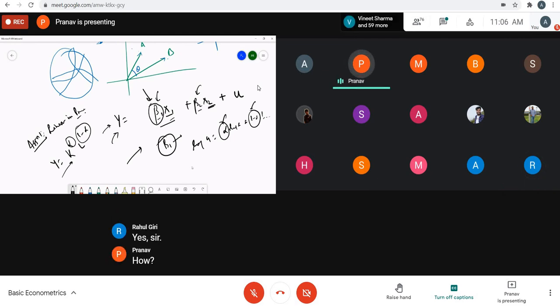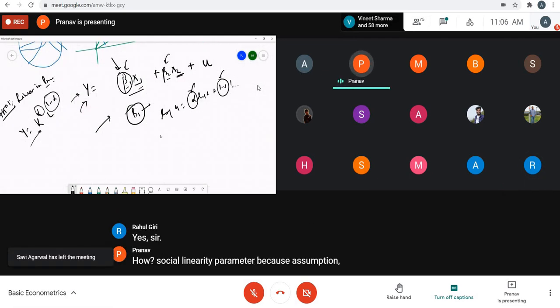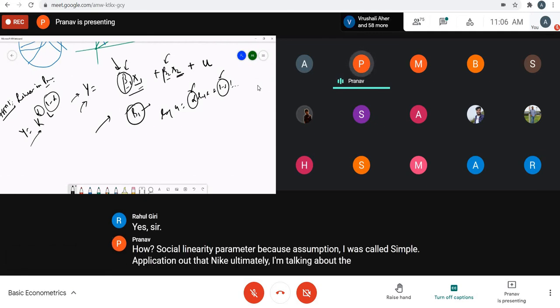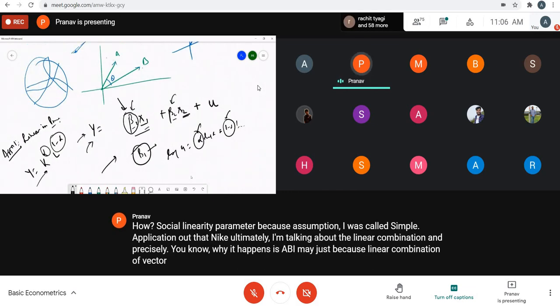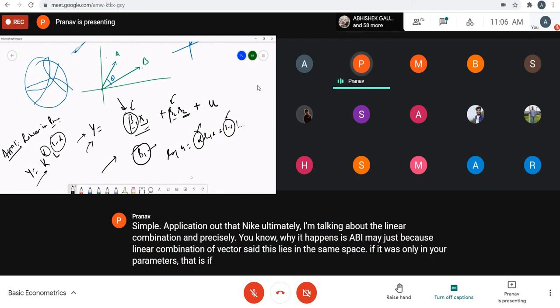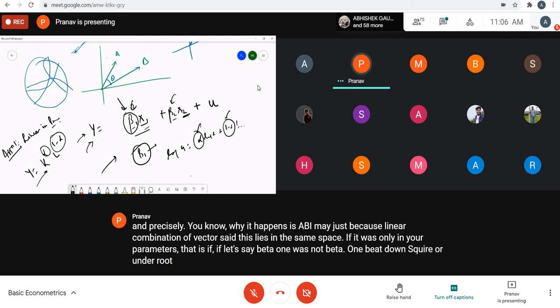So जो linearity of parameter का assumption है, उसको simple आपको कैसे याद रखना है कि ultimately I'm talking about the linear combination. And precisely, you know why it happens is, अभी हमने just देखा जो linear combination of vectors है, this lies in the same space. If it was non-linear parameters, that is, if let's say beta 1 was beta 1 square or under root of beta 1, then this linear combination of vectors itself is not possible.